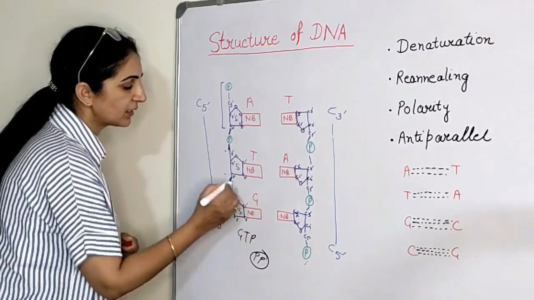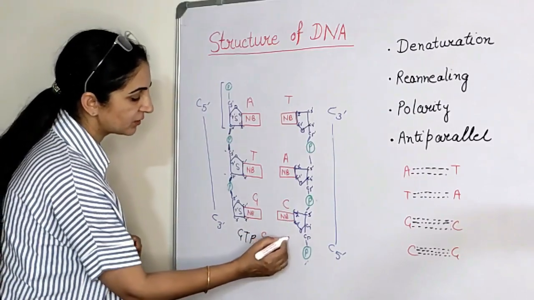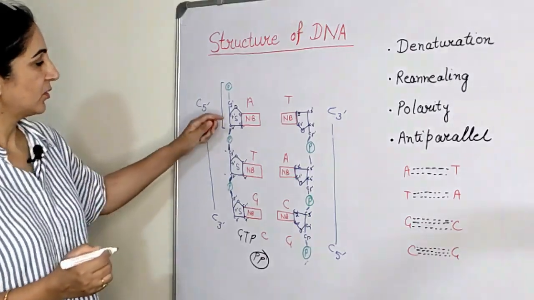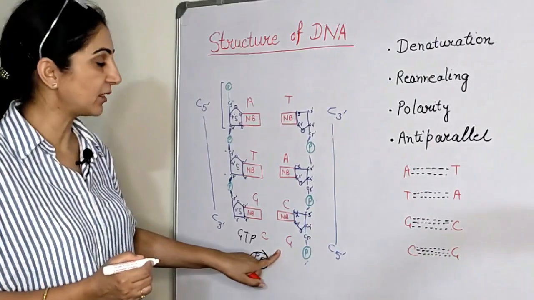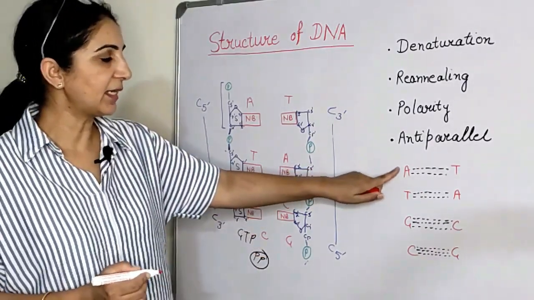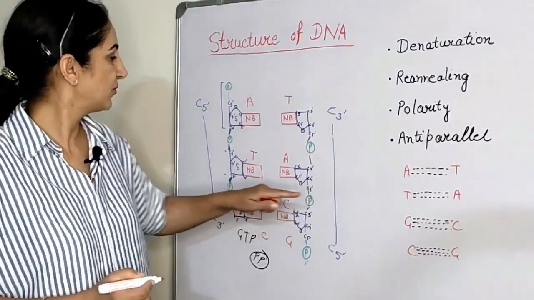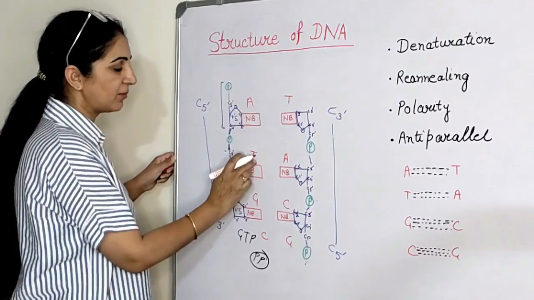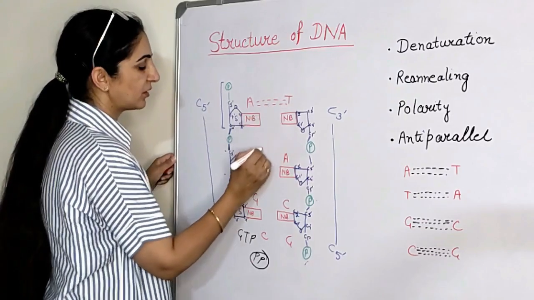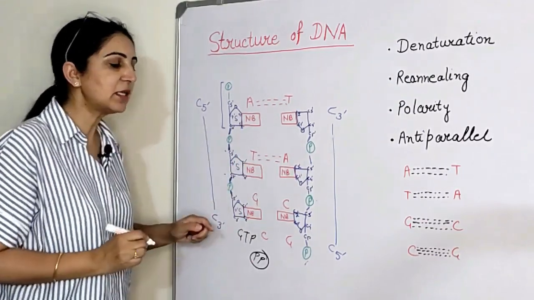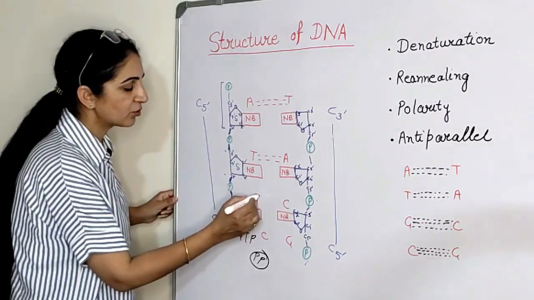Similarly, guanine can form bond with only cytosine, and cytosine can form bond only with guanine. But what kind of bonds are formed in between these nitrogenous bases? Between adenine and thymine, there are always two hydrogen bonds. Whether we have adenine on this side or thymine on this side, this pair has only two hydrogen bonds in between. Similarly, the pair of guanine and cytosine has three hydrogen bonds between them.